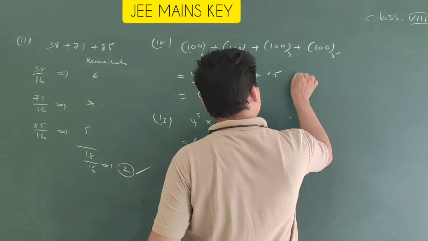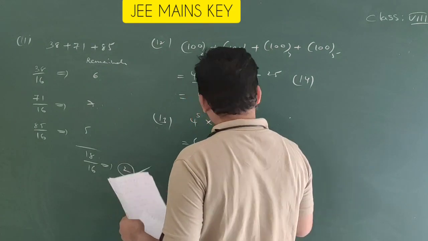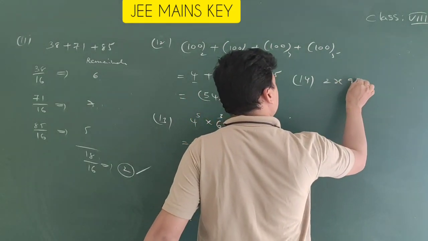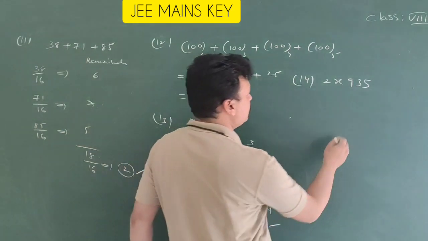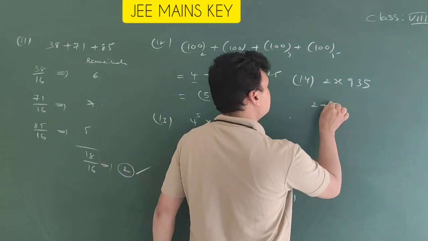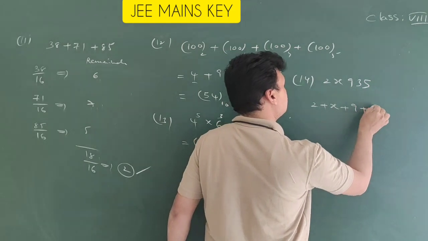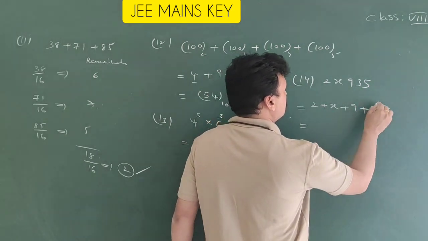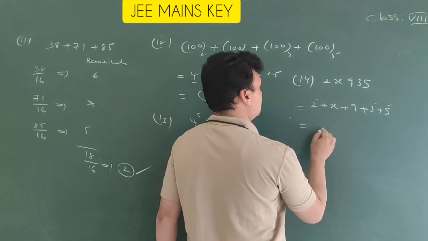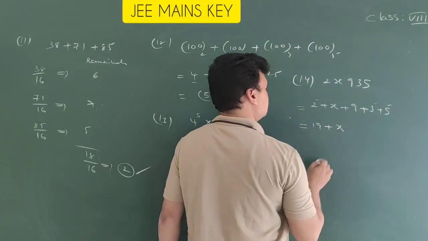Here 14. Here 2x935 is divisible by 3. They are asking 2 plus x plus 9 plus 3 plus 5, which is 10 plus 9, 19 plus x.